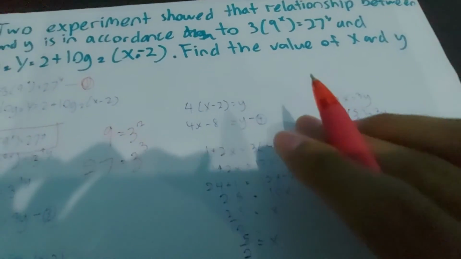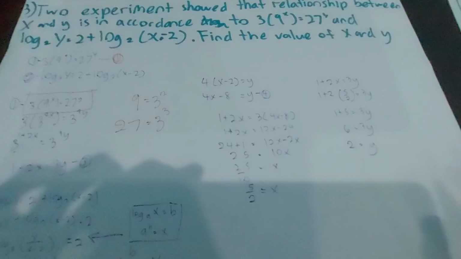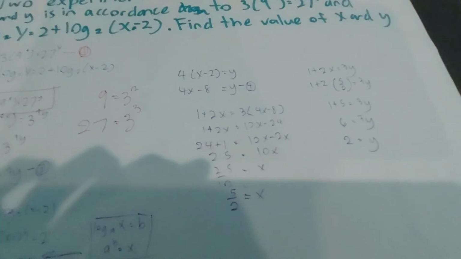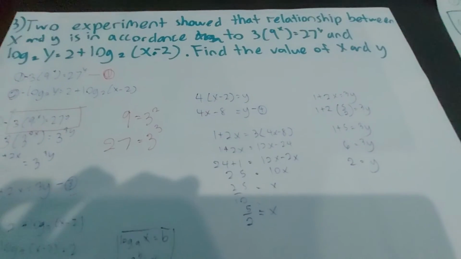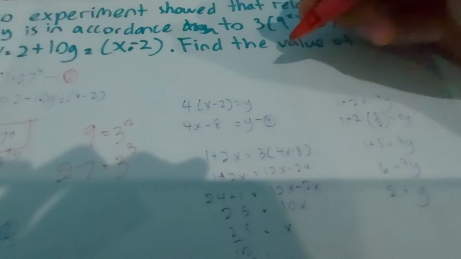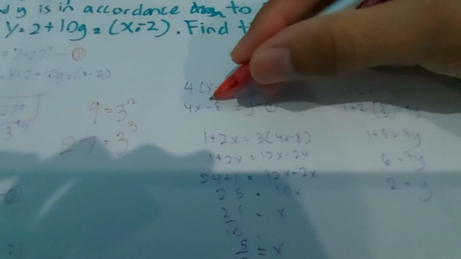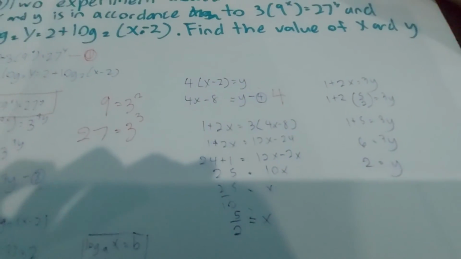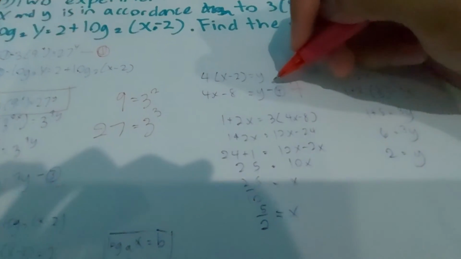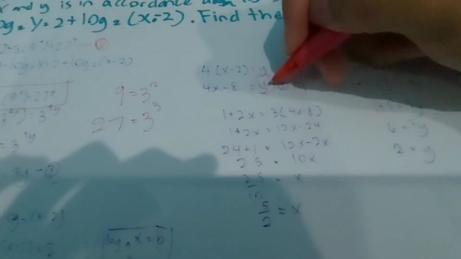Okay, and then try to simplify it with no fraction in division shape. So you will get 4x minus 8 equal to y. This is the fourth equation. And then just plug in, because this is y and we have this y here.